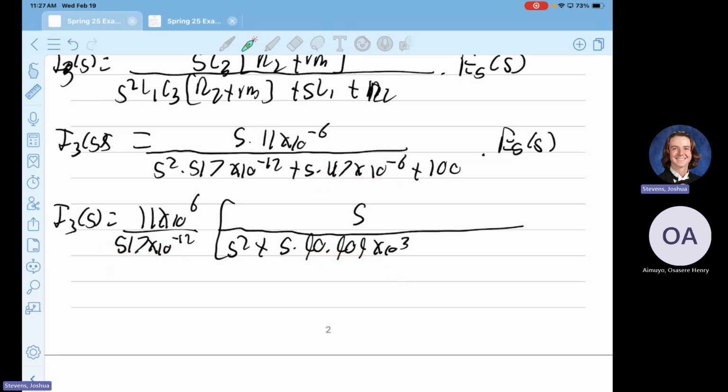You can do the math if you want to. It proves it. I have to do the exact same thing with the 100: I divide the 100 by that 517, and I get 193.424 times 10 to the 9th, all multiplied by EG of S. Does that make sense so far?